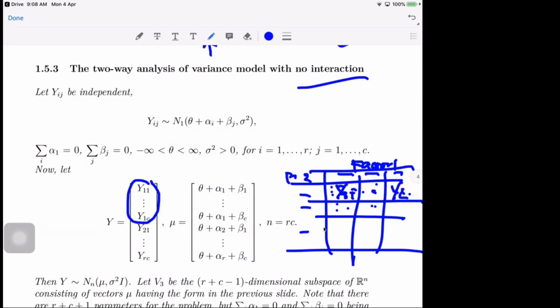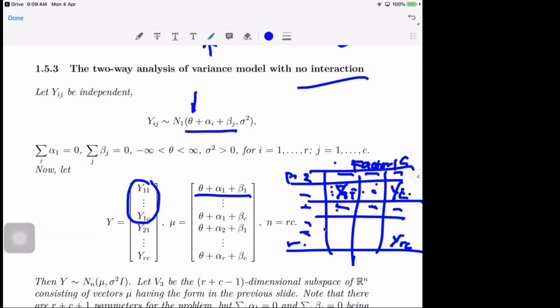This is assuming that you have only one entry inside. And so on and so forth. So this is y_rc, the number of rows and the number of columns here. And this is explained by this model. So in general, it's explained by this model.